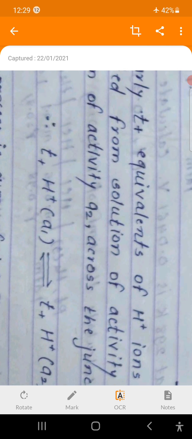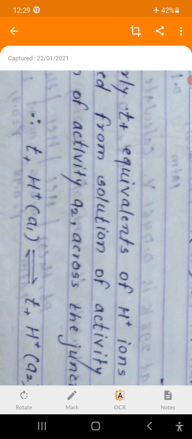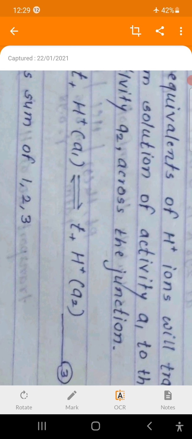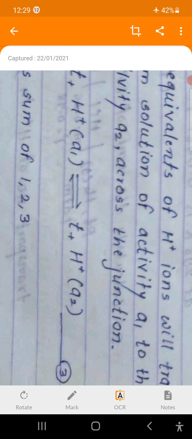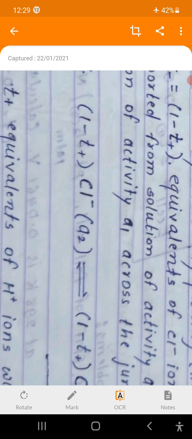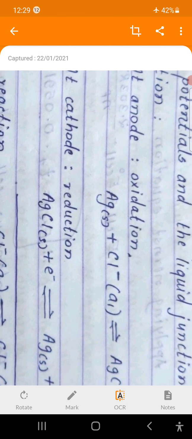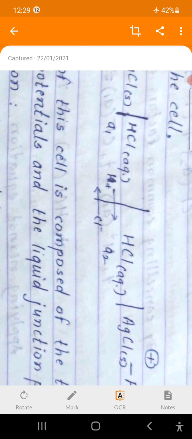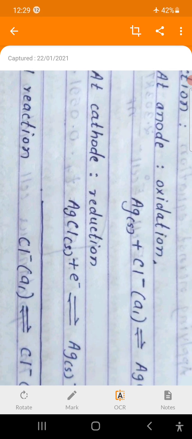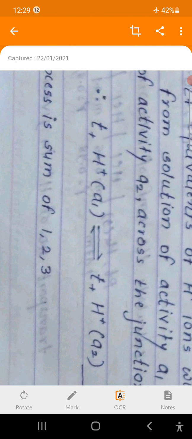Therefore, T plus equivalents of H plus having activity A1 are in equilibrium with T plus equivalents of H plus having activity A2, because here H plus migrated from A1 to A2. Therefore, that equation is considered.